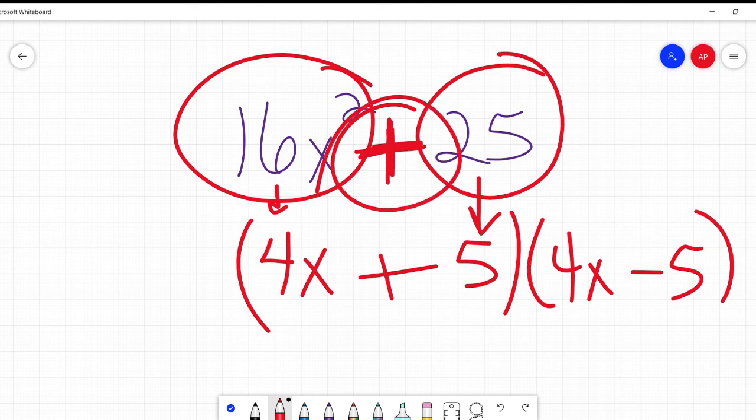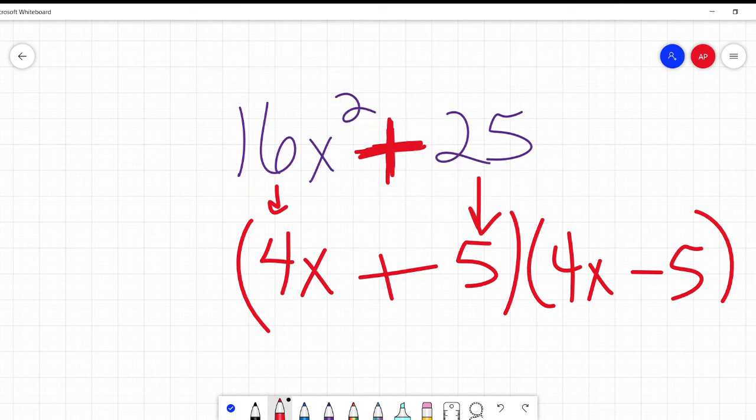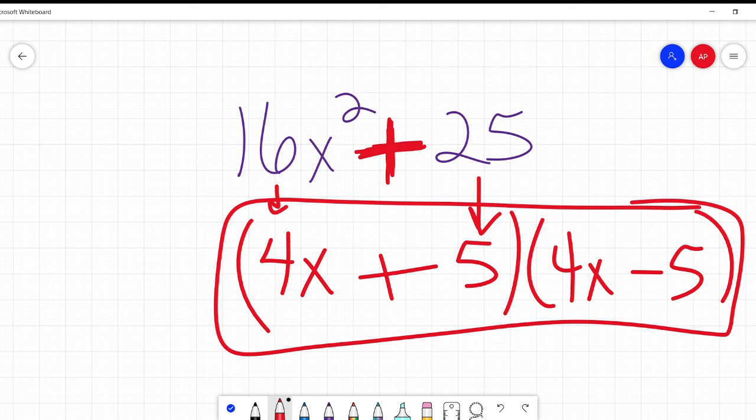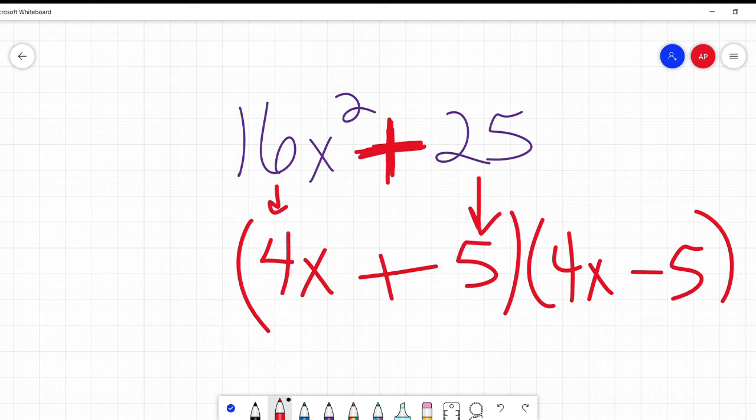It has to be subtracted. It can't be added. The name has to do 100% with the fact that it is a difference of two squares. It has to. I cannot stress that enough. It has to be minus. I've just seen it too many times. It's going to come up.